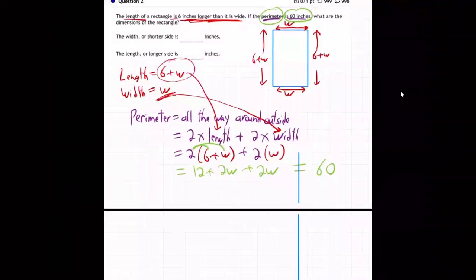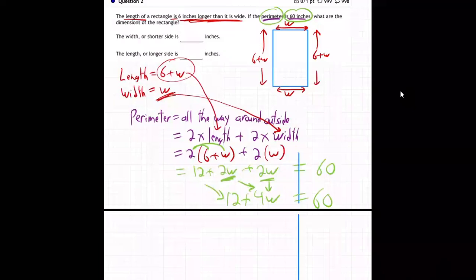So now we need to solve for W. So 2W and 2W makes 4W, bring down the 12. Like so, right? 2W and 2W make 4W.